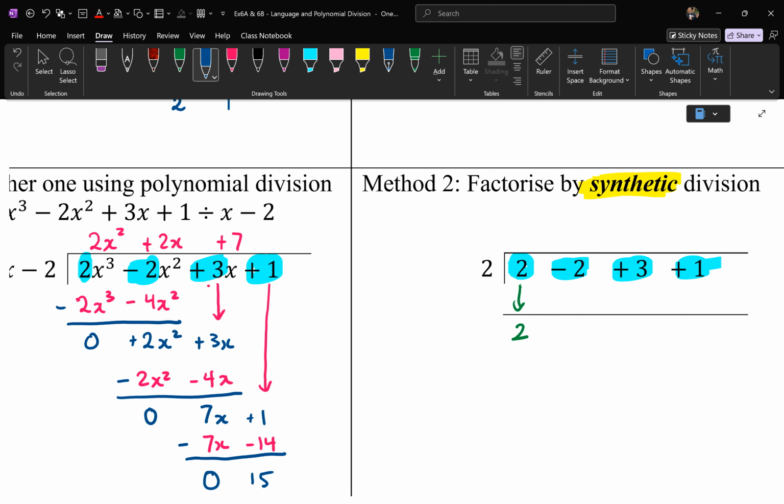Then they say, well then, just take that 2 times that 2. So here we go. We write down times this. Whatever the answer is, pop it over here. What's 2 times 2? 4. The positive 4 goes here. It's a positive 4 because 2 times a positive 2 gives you a positive 4.